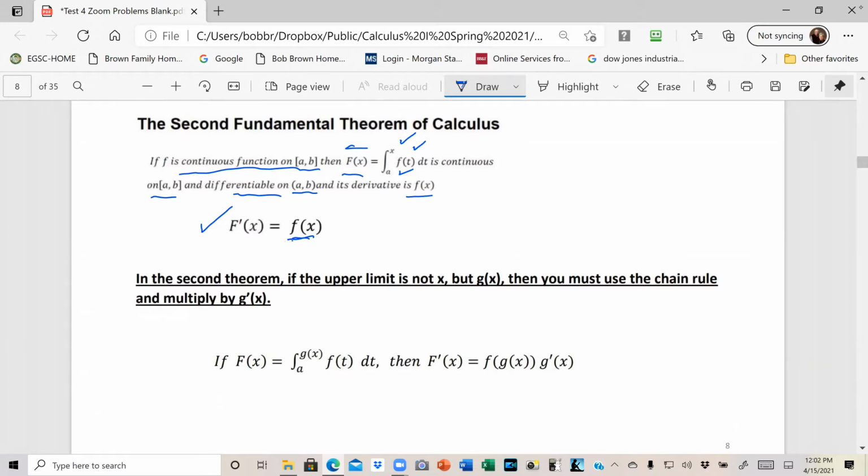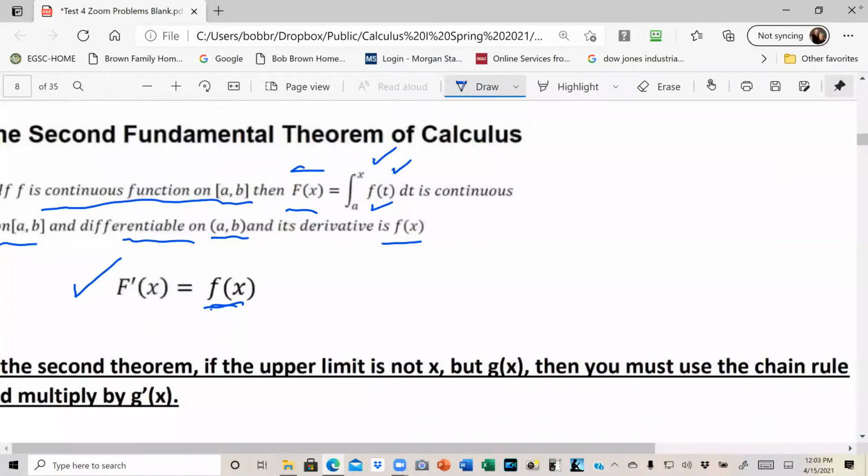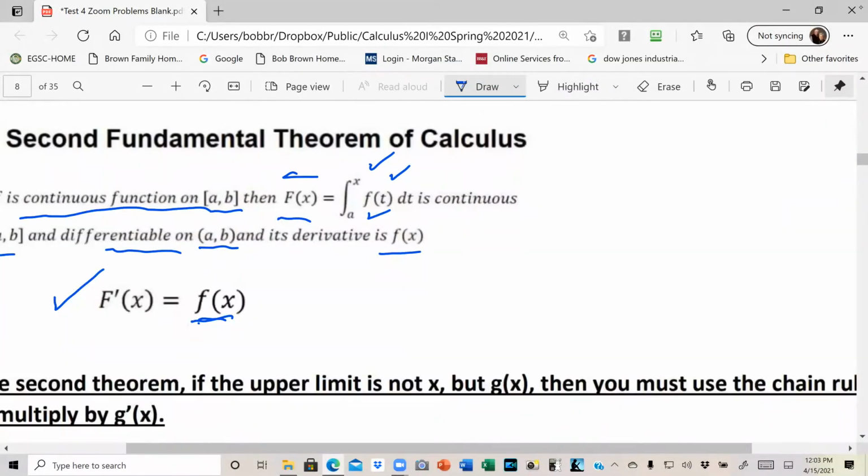And what that means is that to calculate the derivative of capital F of x, you just take x and put it everywhere you see a t.